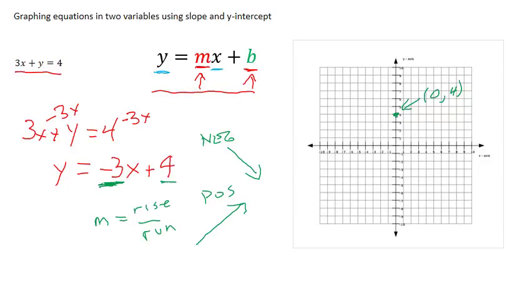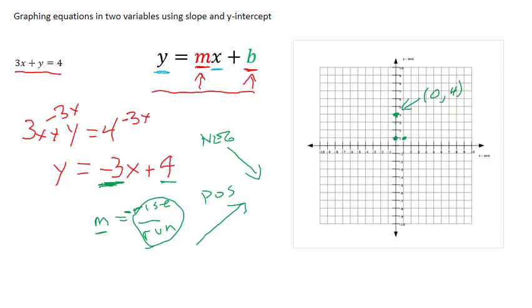We're going to go down 3 units in the negative y direction and over 1 unit in the positive x direction. One of these two values has to be negative in order for the m itself to be negative. So we're just going to choose to go in the negative rise direction.